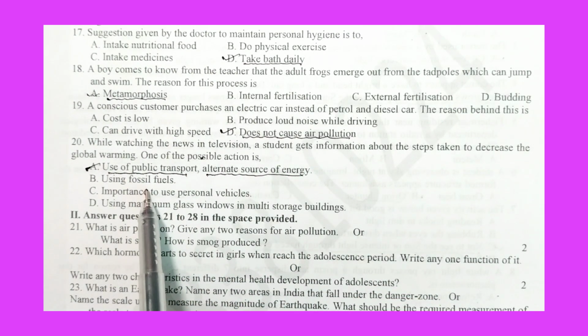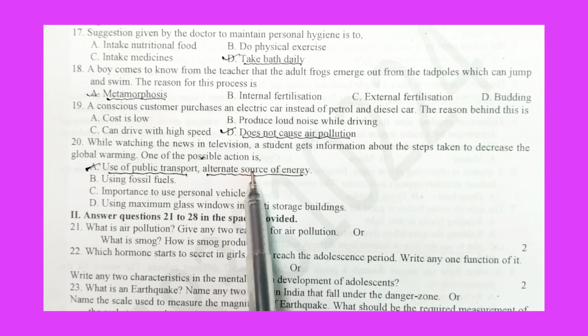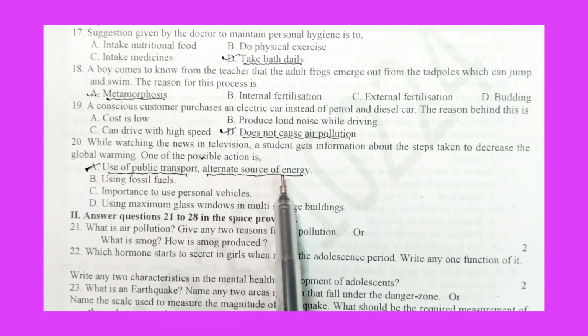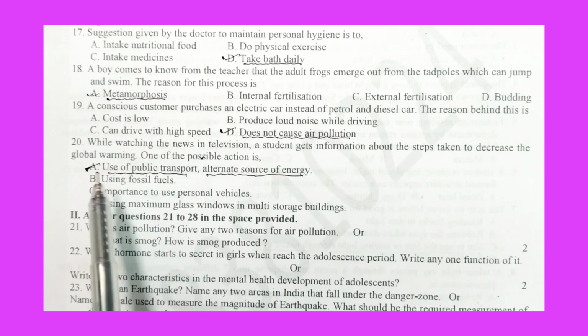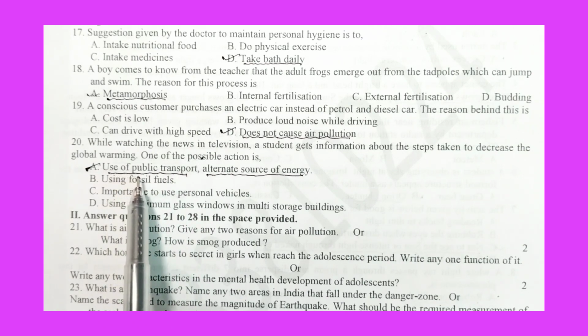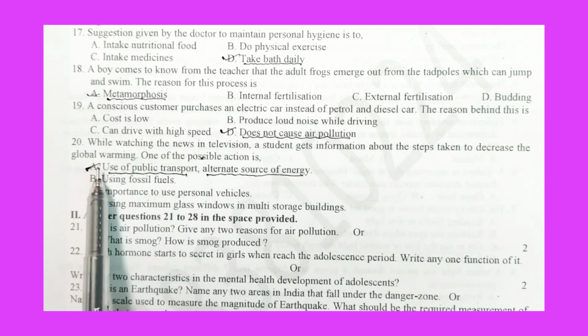Instead of using fossil fuel, we can use solar energy, wind energy, tidal energy, geothermal energy. They are all alternate sources of energy. If we use these alternate sources of energy, definitely we can avoid global warming. And use of public transport, instead of using an individual vehicle, can also decrease global warming.